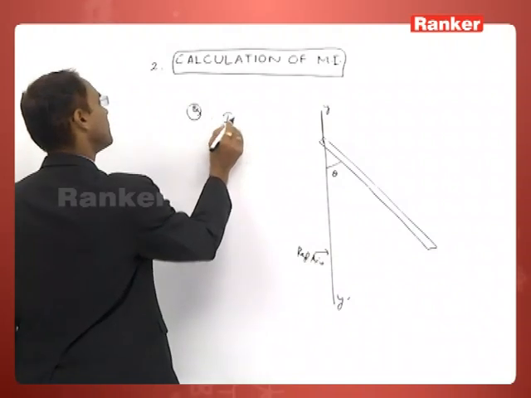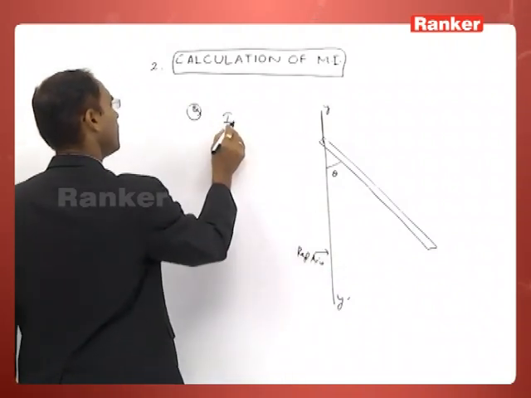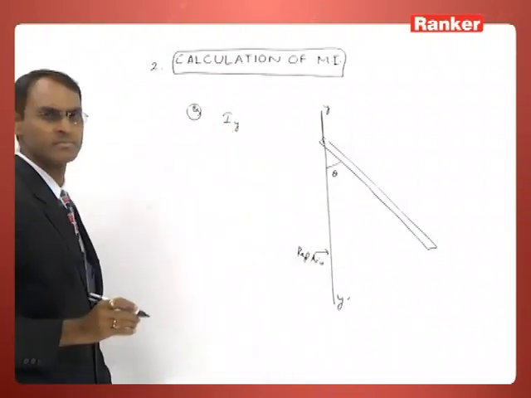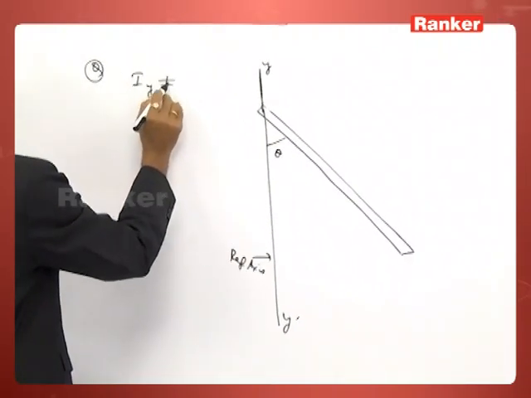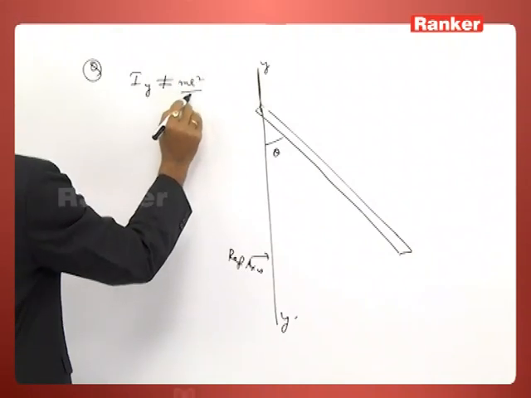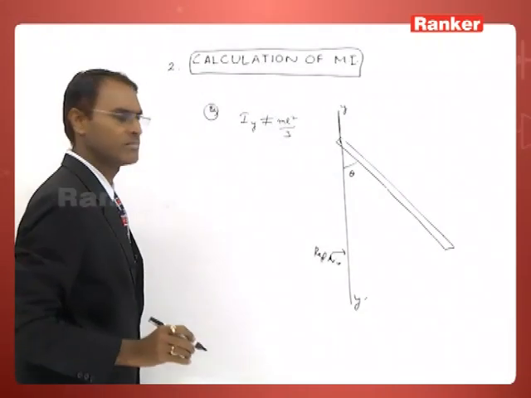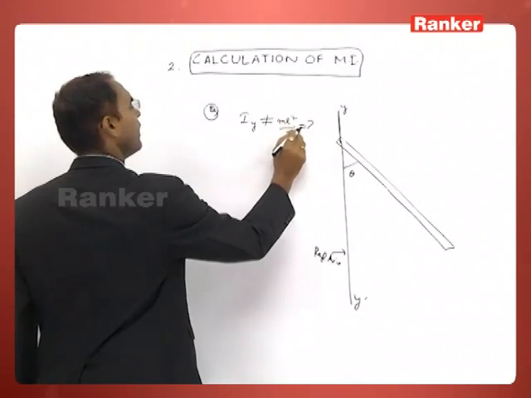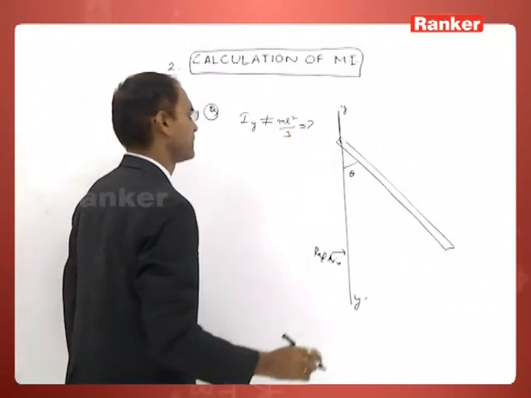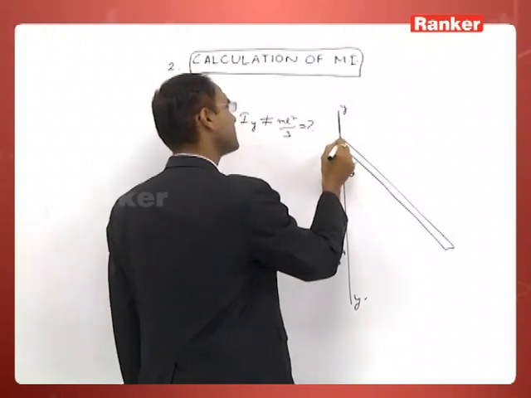How to calculate the moment of inertia of the rod about the y-axis? This is not equal to ML square by 3. Then how much will it be? Let us use the basics.